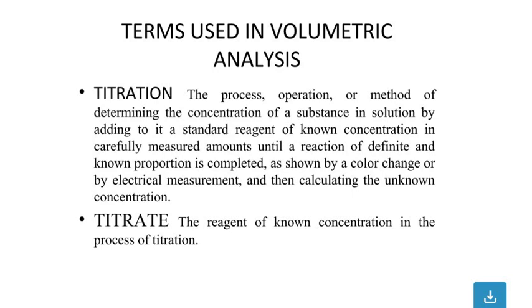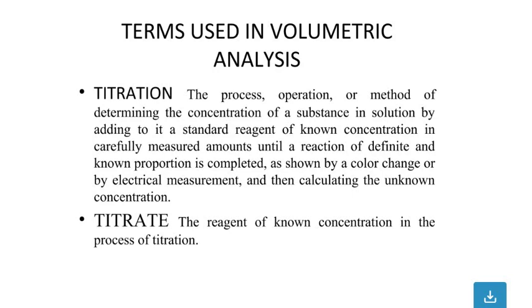Titration: the process or method of determining the concentration of a substance in a solution by adding to it a standard reagent of known concentration in carefully measured amounts until a reaction of definite and known proportion is completed, as shown by the color change or by electrical measurements, and then calculating the unknown concentration.